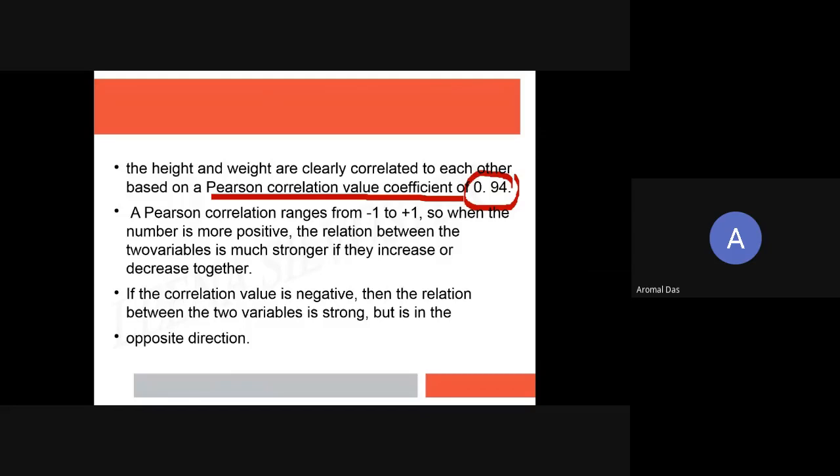Actually, the Pearson correlation coefficient ranges from -1 to +1. If it is more positive, there is a strong relation between two variables. And if it is negative, there is less relation, but it is in the opposite direction.